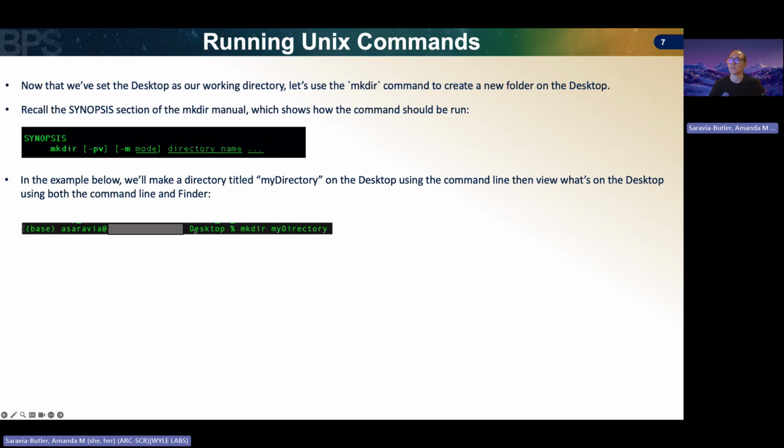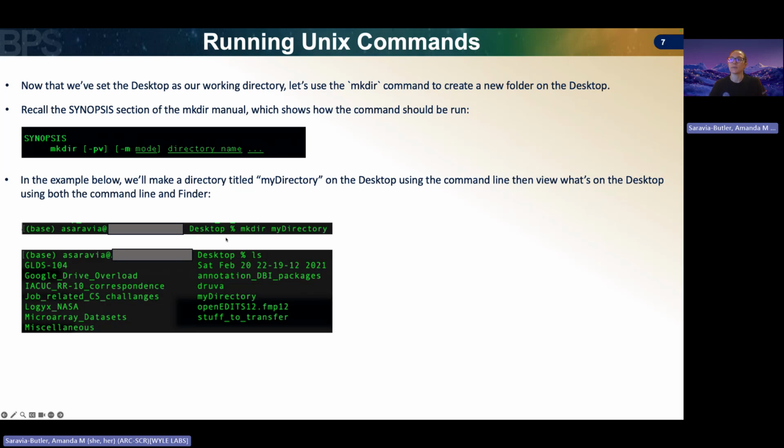So here again, from within the desktop directory, I'm going to run the command mkdir with a space followed by the name of the directory I want to create, my directory. And then I'm going to run that ls command. If you recall, ls without any arguments will list things in your current working directory, so in my desktop.